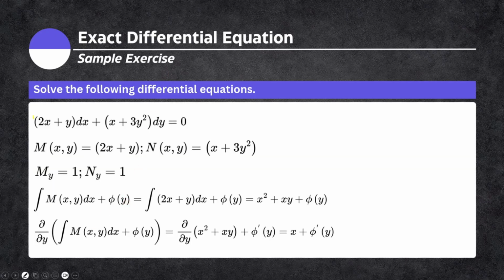So given that we have (2x plus y) dx plus (x plus 3y squared) dy equals 0, let's determine first the M function and N function. As for the M function, we have 2x plus y, and for the N function, we have x plus 3y squared.